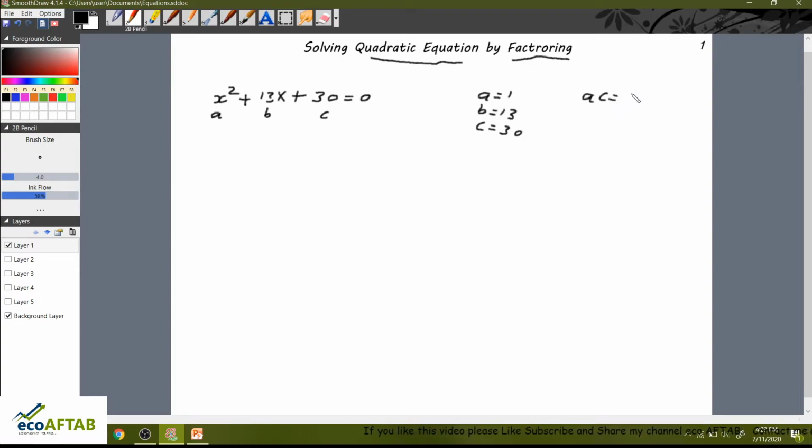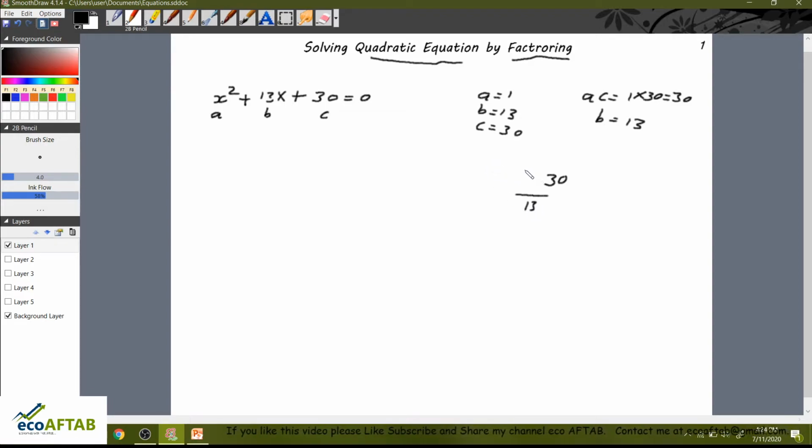Our a is 1 because it is 1x, which need not be written, multiplied by 30, and that is equal to 30. And next our b is equal to 13. So to know the value of x, we need to simplify it. So we need two numbers whose product will be 30, and when we add them, the summation will be 13.